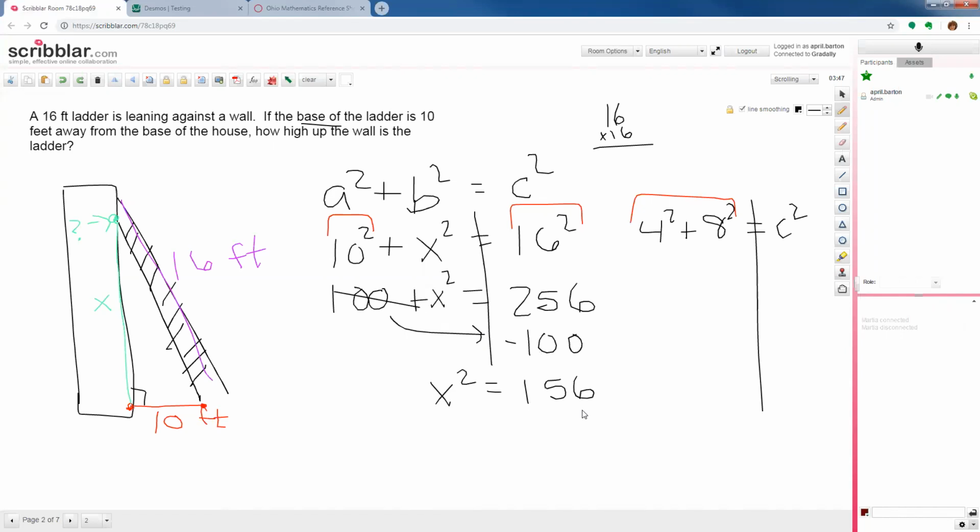Or just plug it into your calculator. Even if you feel confident on your addition and subtraction, it never hurts to check it in the calculator just to be safe. And now we say, okay, now I want to get rid of this little 2. So what did we say gets rid of that tiny little 2 up above? Square root. That's where we square root to get rid of that from the variable.